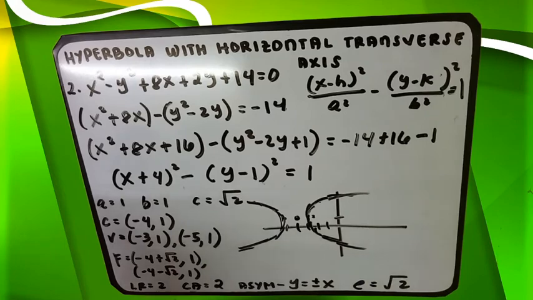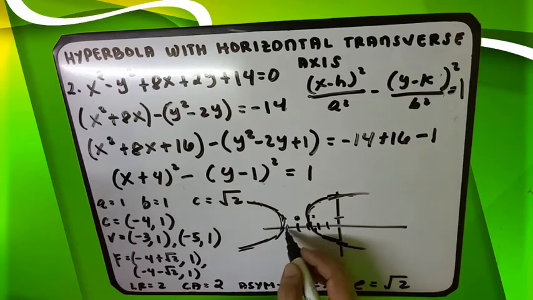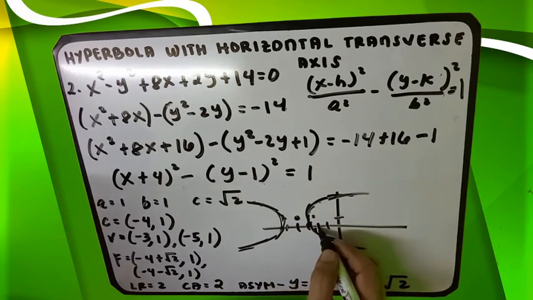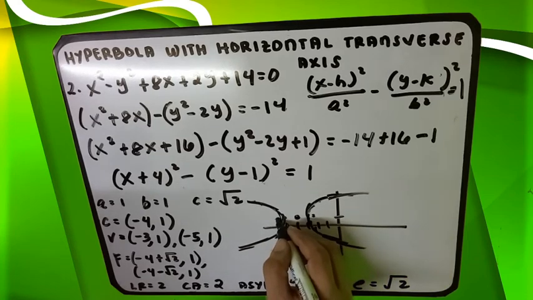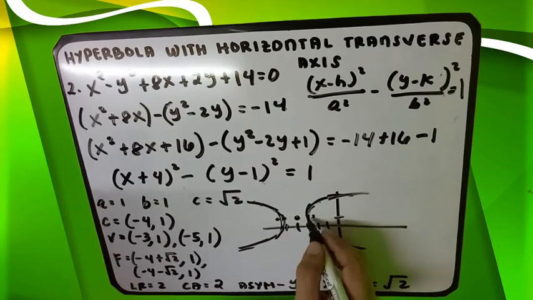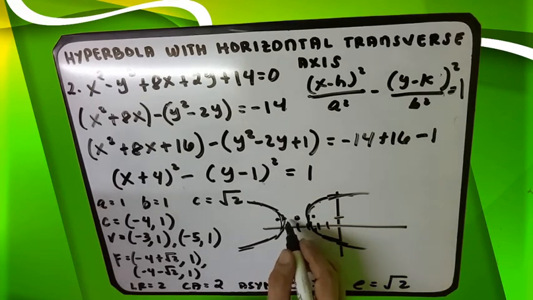Yung isa naman ay negative 5.41, 1. So dito naman siya. Yung focus medyo dikit dito sa foci. Yan. Vertices, foci.